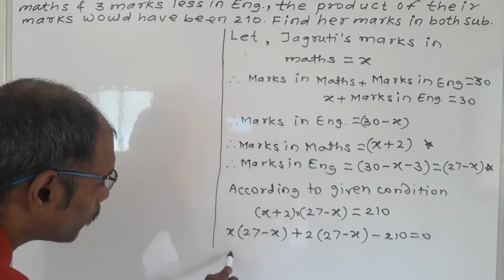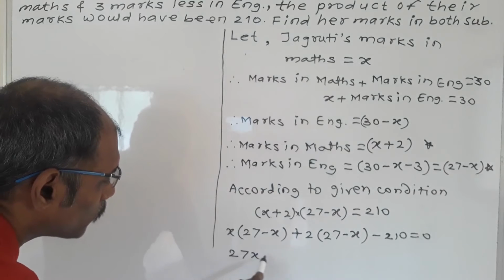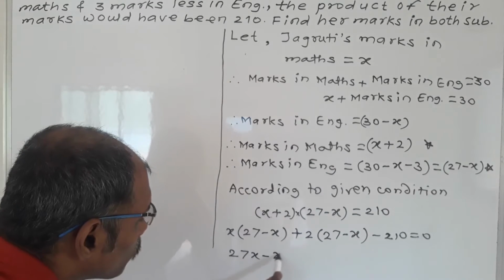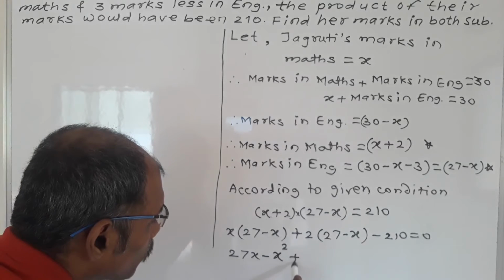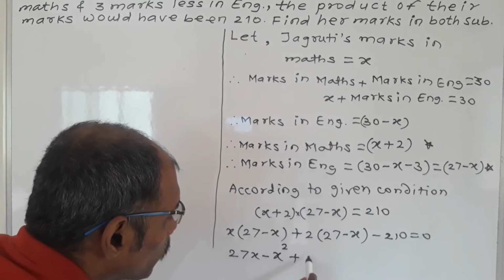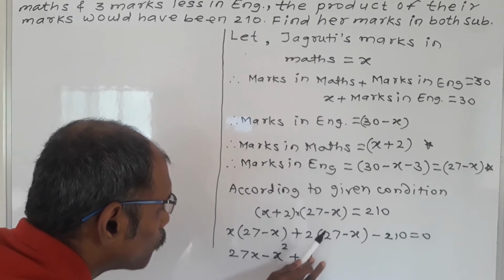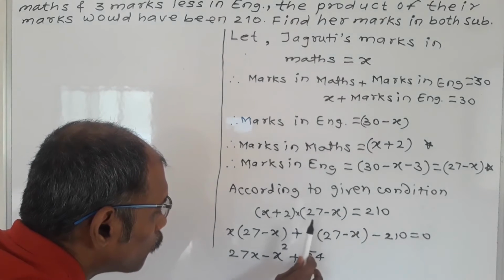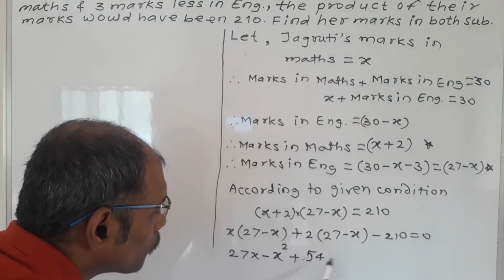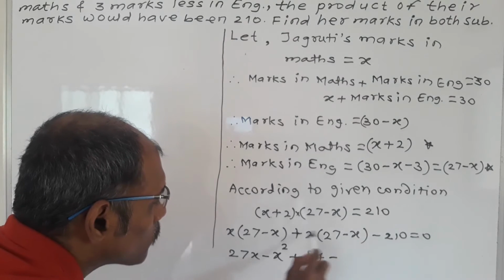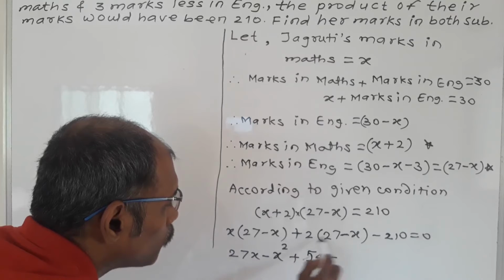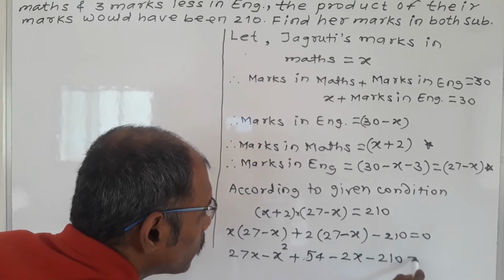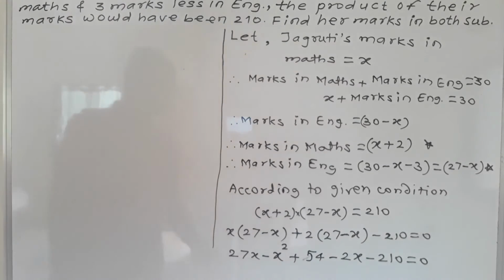Now x into 27, therefore 27x, x into minus x is minus x square, plus 2 into 27, 54, minus plus into minus minus 2 into x, 2x, minus 210 is equal to 0.